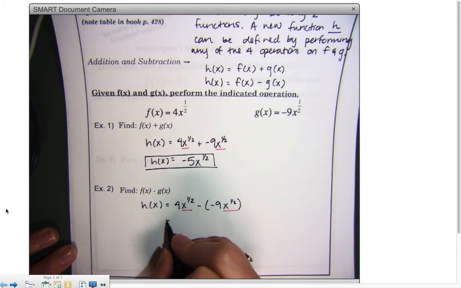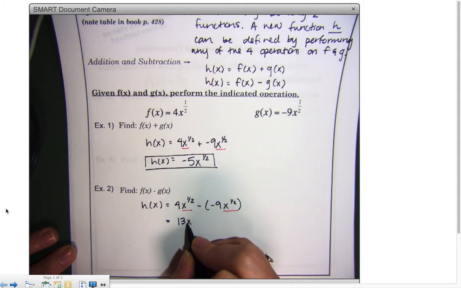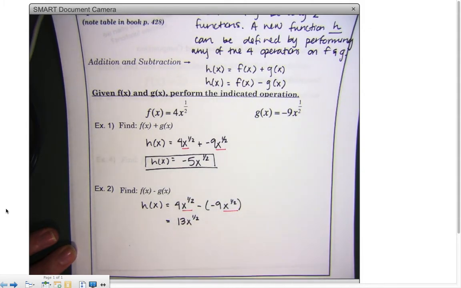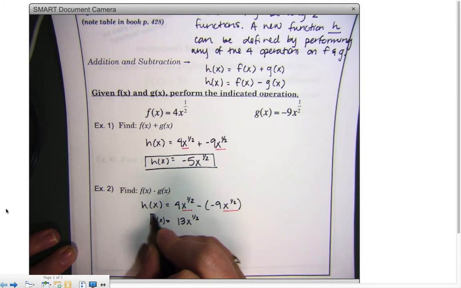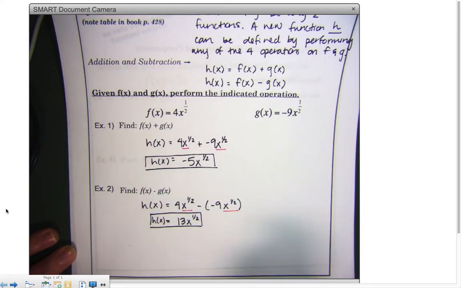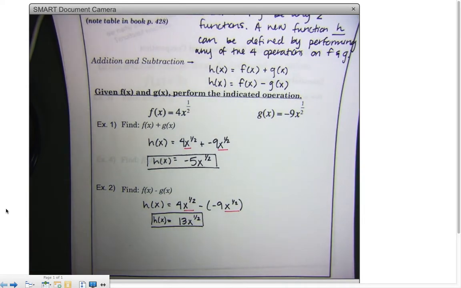So we're going to add them, and we have 13x to the 1/2. And that's our new h of x. Now you don't always have to call it h of x. It's kind of up to you, but in general in our definition, that's what we end up calling this new function.